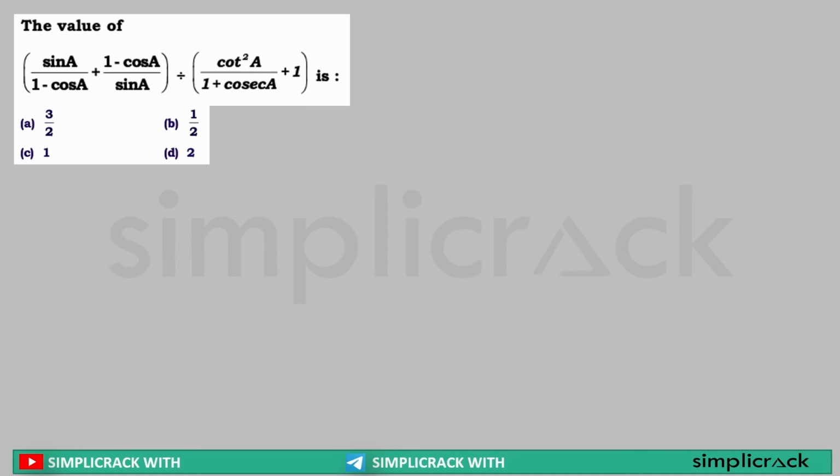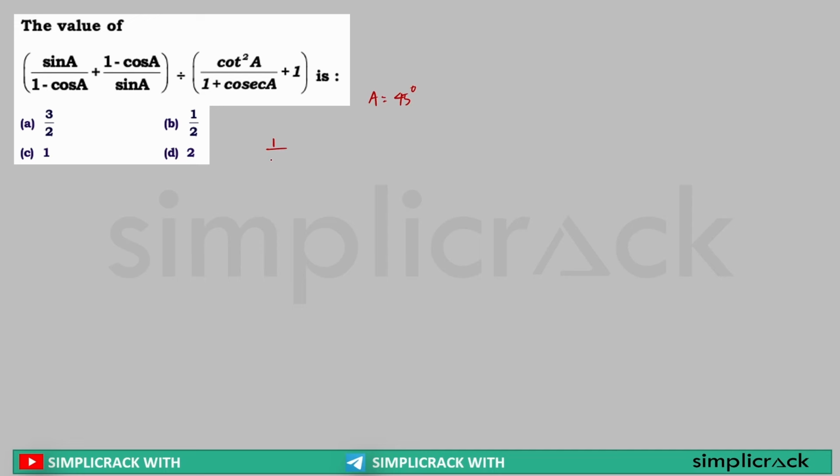Now, sine A by (1 minus cos A) plus (1 minus cos A) by sine A, divided by cot square A by (1 plus cos A). Sir, let's take A equal to 45 degree.